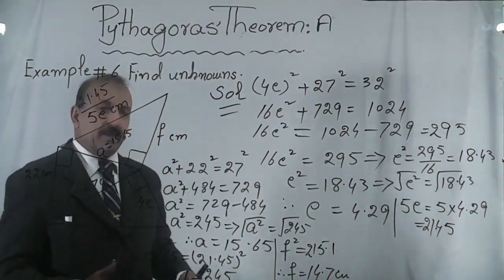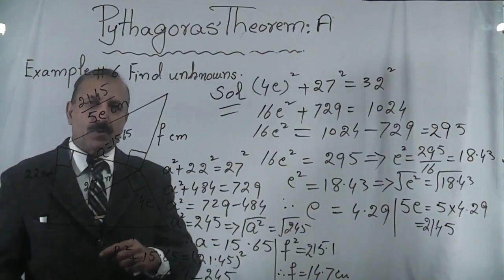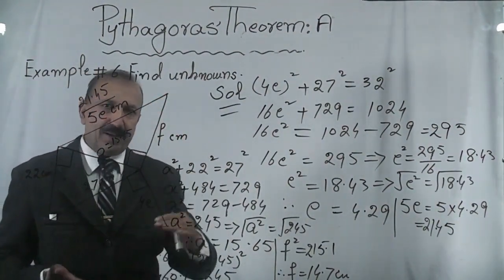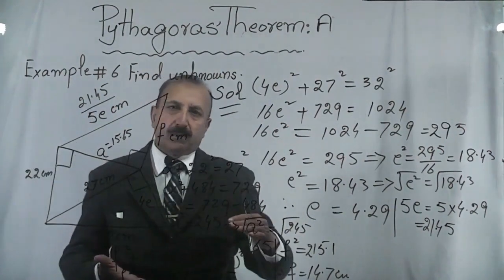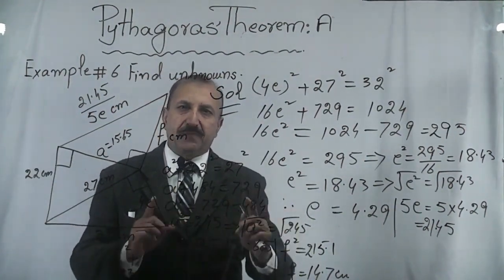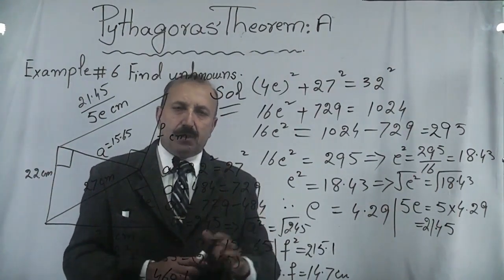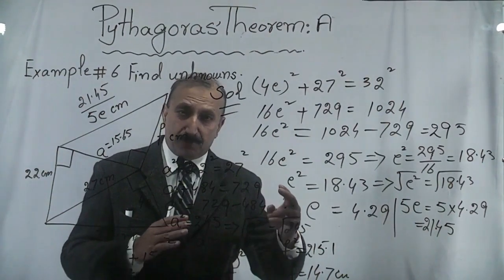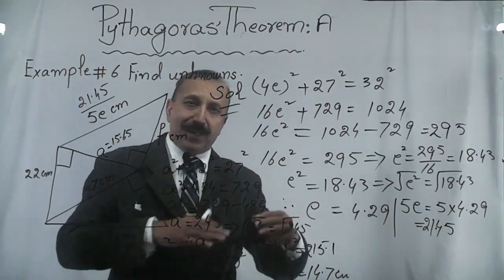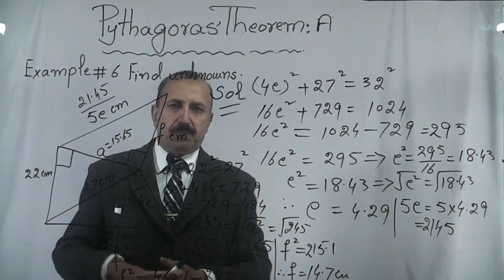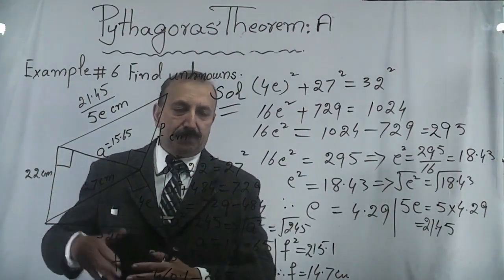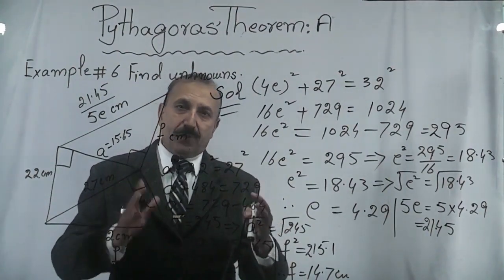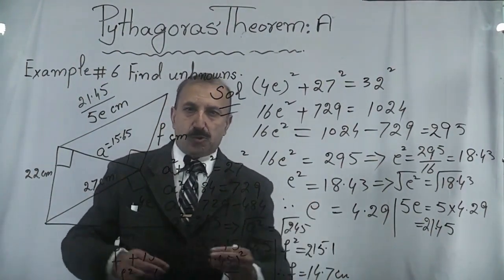Yes, I agree, but if we start from example number 1 and move towards example number 6, these are the levels of use of Pythagoras theorem in different types of triangles. The basic theme is we need to jot down the sides: the sum of the squares of the other sides is equal, all the time, to the square of the hypotenuse. Wherever the unknowns are, sometimes in composite figures, we need to move from one side towards the unknown.